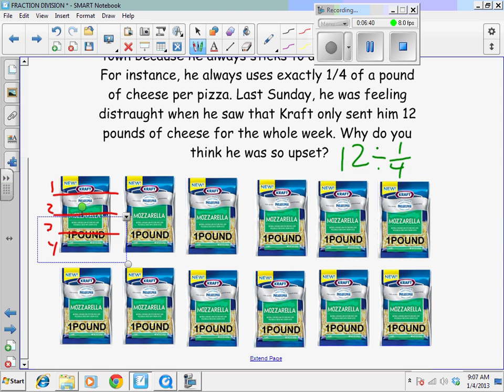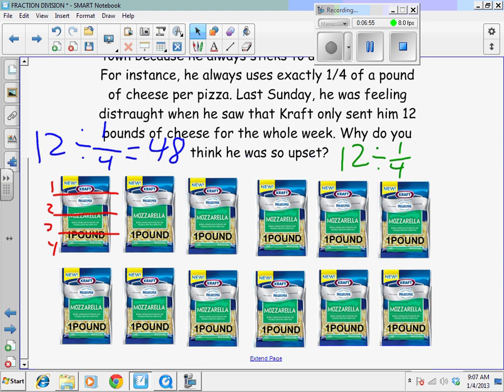Okay? So 12 divided by 1/4 equals 48. All right? How can you have more than you started with? Shay?